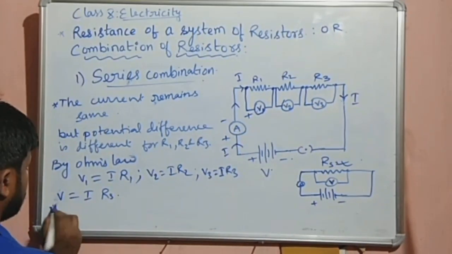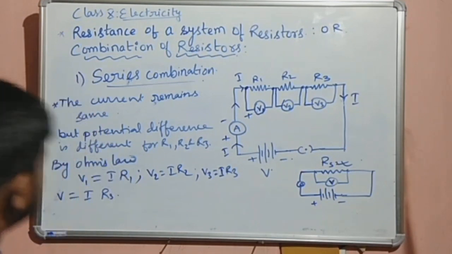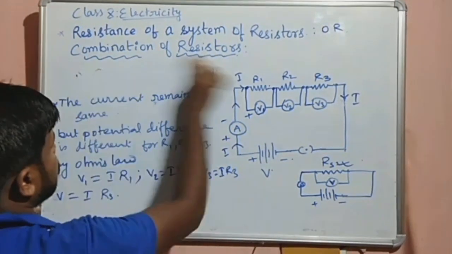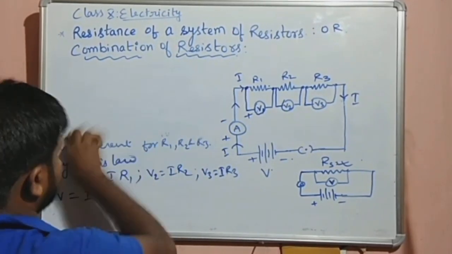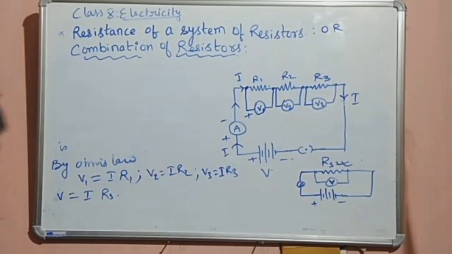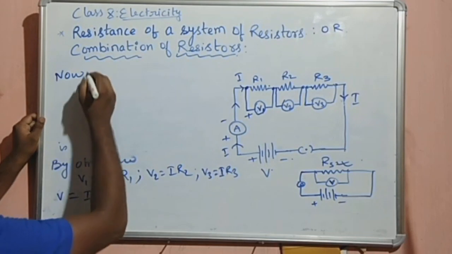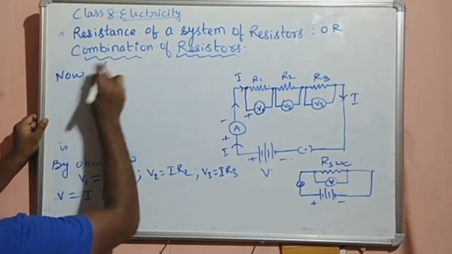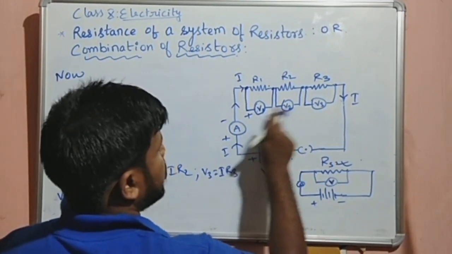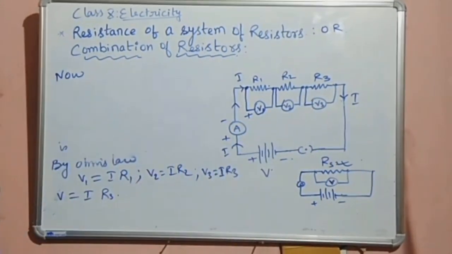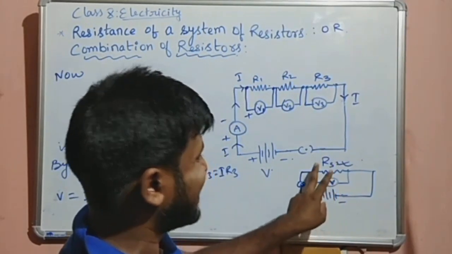Now the total potential difference, V, is nothing but V1 plus V2 plus V3, because R1 plus R2 plus R3 is nothing but the equivalent resistance RS.